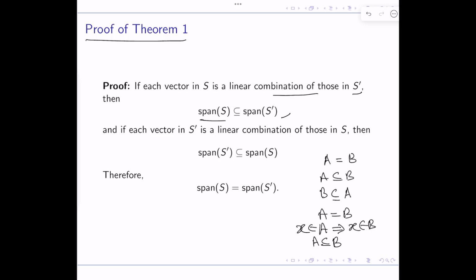And similarly we can prove the other direction. So this is the logic we are going to use. Linear combinations of S, so span of S is contained in span of S dash. Similarly, linear combinations of S dash in terms of those in S, so span of S dash is contained in span of S. So this is how span of S is equal to span of S dash.